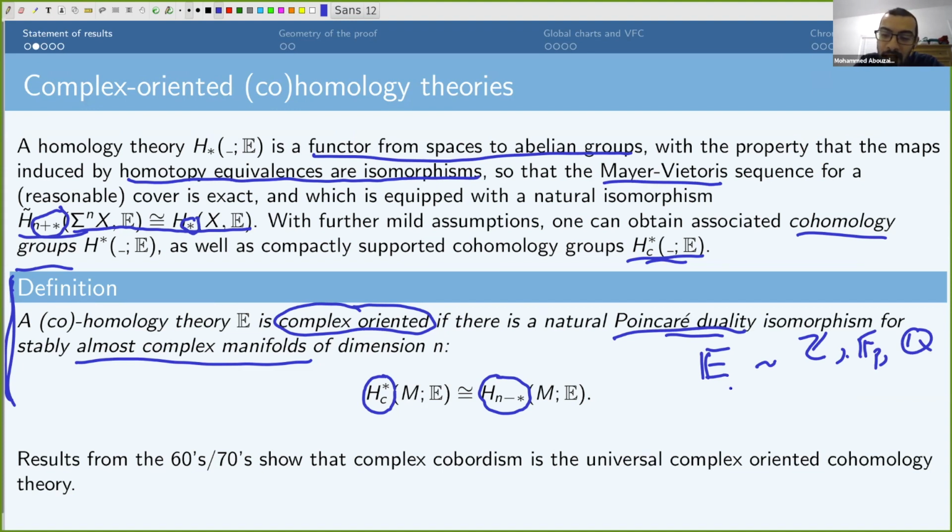But in some sense, the main point of this talk is that we should study other ones. And the one that the focus is going to be on is complex cobordism. And that will be the conclusion. It turns out it will also use some other tools which are much more exotic. And these are the Morava K-theories. And I will say very little about them.